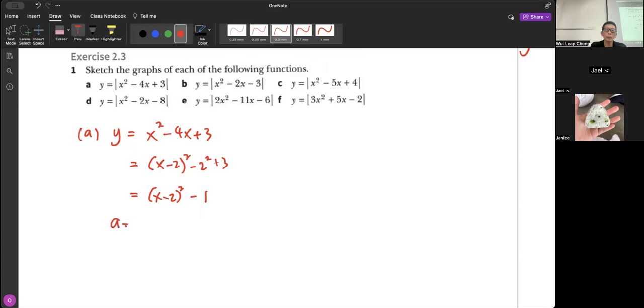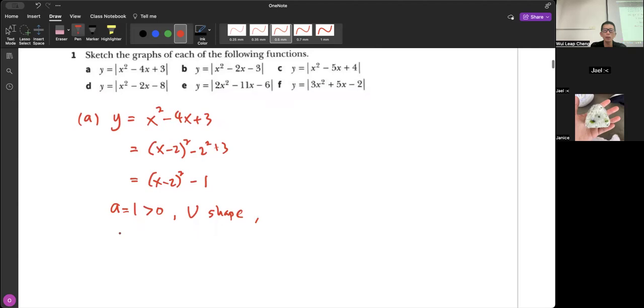The value of a will be 1. If it's positive, what does it mean? What is the shape of the graph? U shape. Are you able to tell the minimum point? What is the minimum point?